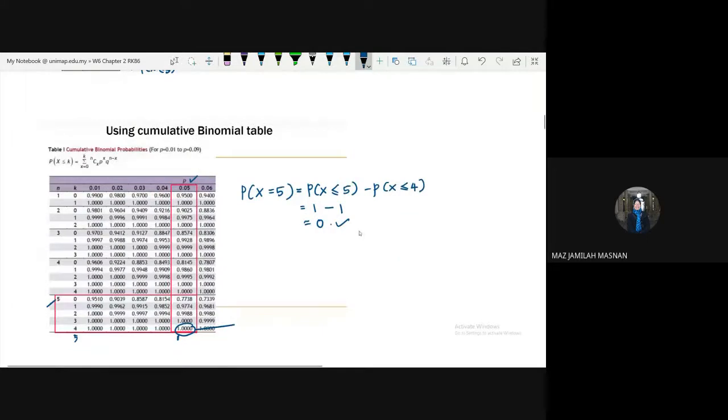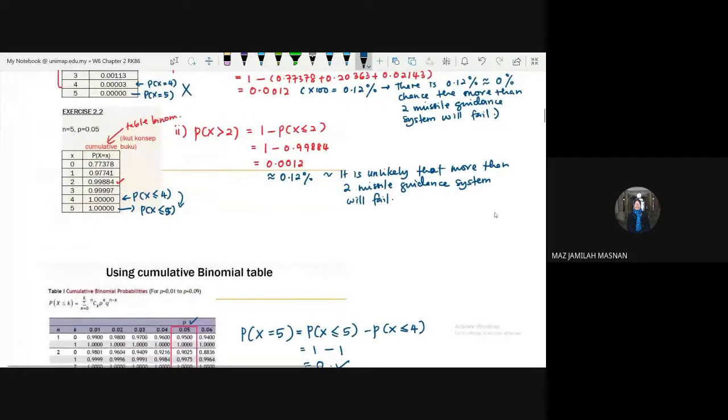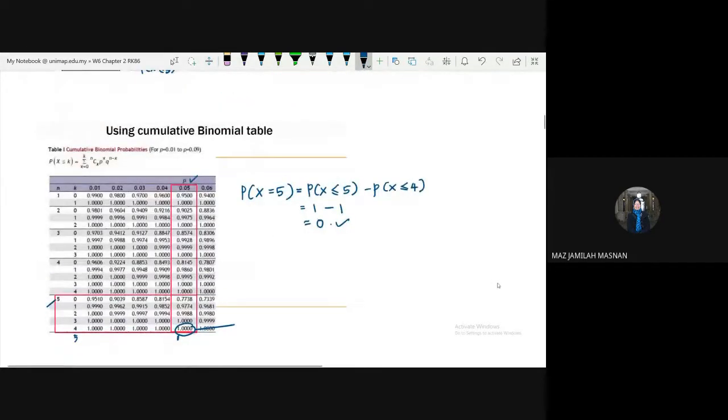Okay, so now how do we interpret this? So this one, unlike this one, it is unlikely. Even though it's very small, we see just unlikely. So when we have exactly 0, what would be the suitable terms to use, class? In terms of likely, unlikely, or possible or impossible.